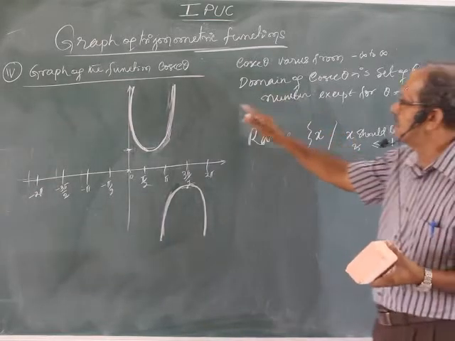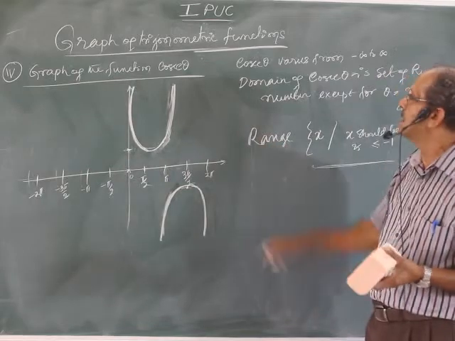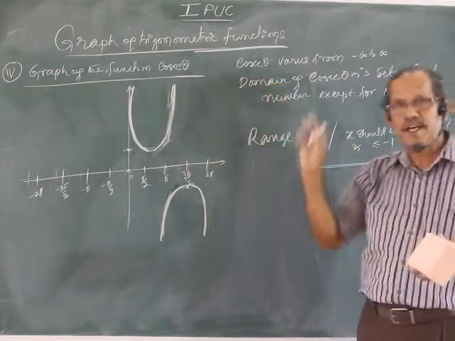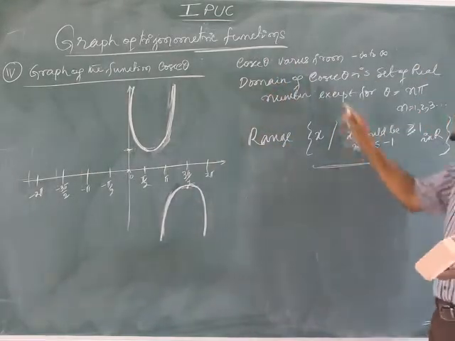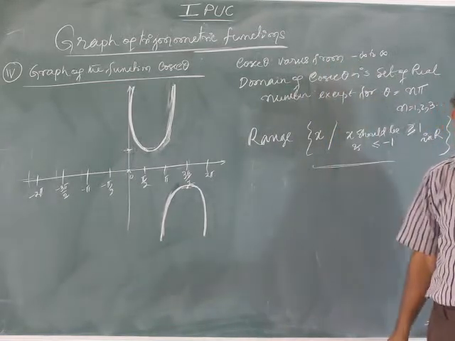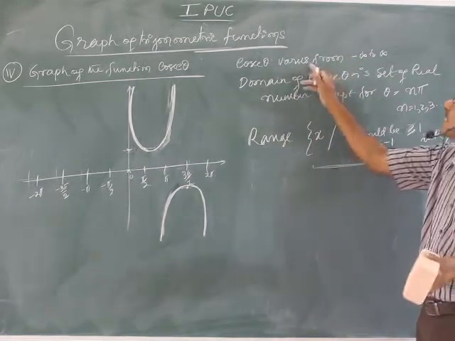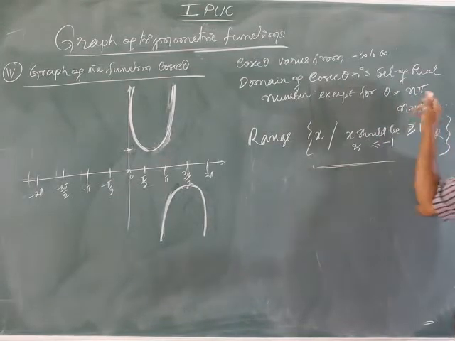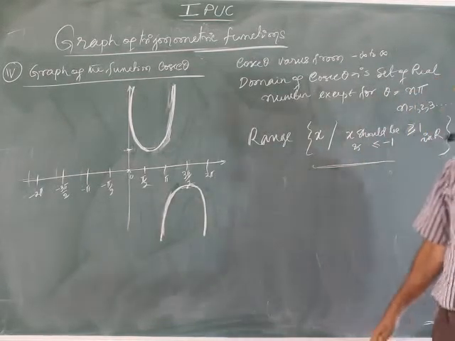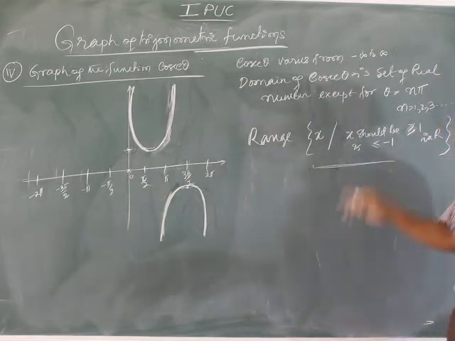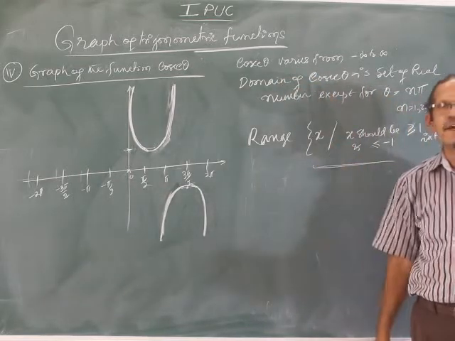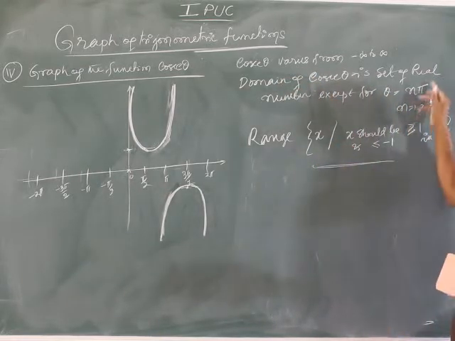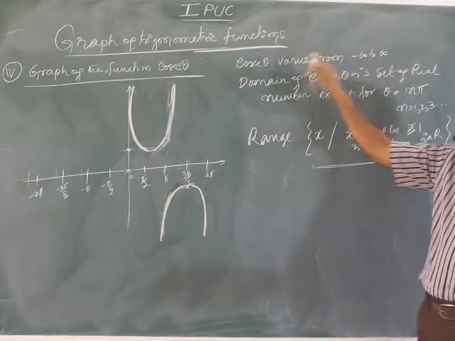Cosecant, once again, in order to avoid the confusion, see once again here, cosecant theta is defined only when sin theta is different from 0. Sin theta is equal to 0 when? If the angle is a multiple of 180, then the sin value will be 0. If sin theta is 0, cosecant is not defined. So, except for these angles, cosecant is defined.